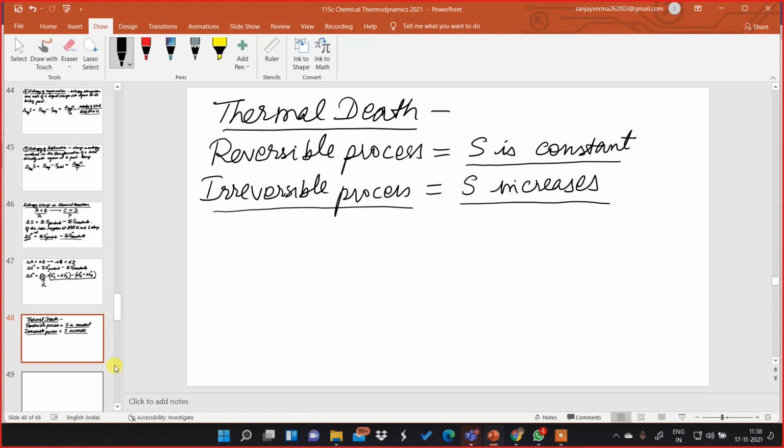So this is one important concept which has been beautifully explained in this chapter.